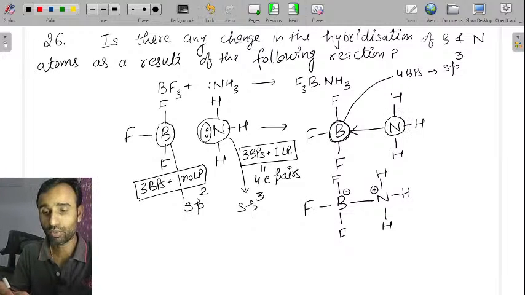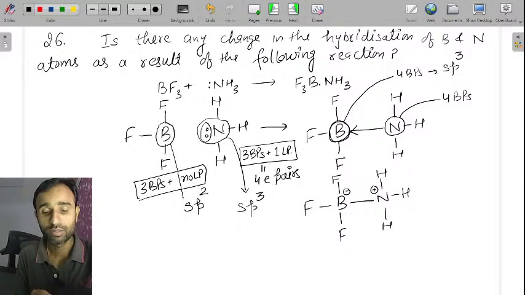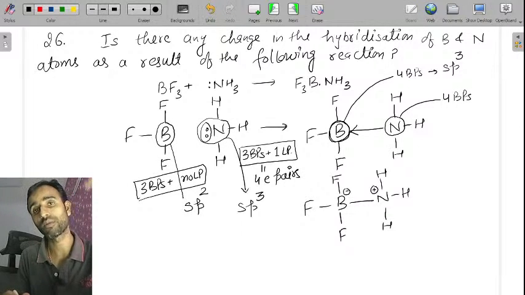And what about nitrogen? Now it has 4 bond pairs. Earlier it had 3 bond pairs and 1 lone pair. But now after the reaction, it has all 4 bond pairs, because nitrogen donated its pair to share with boron so that both have a complete octet of electrons.